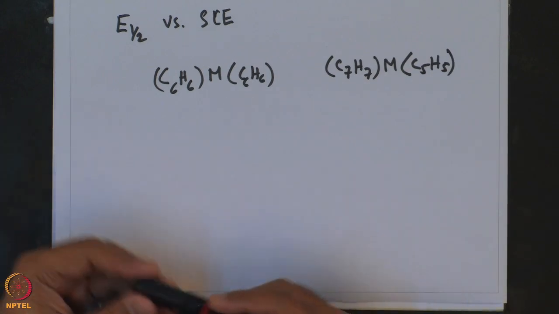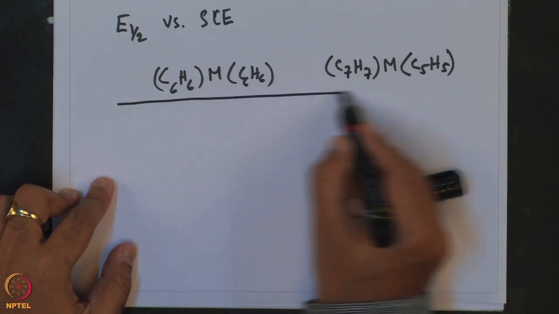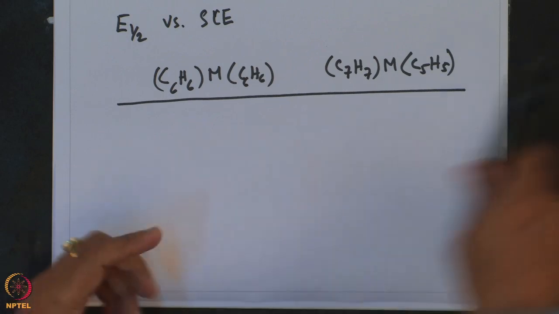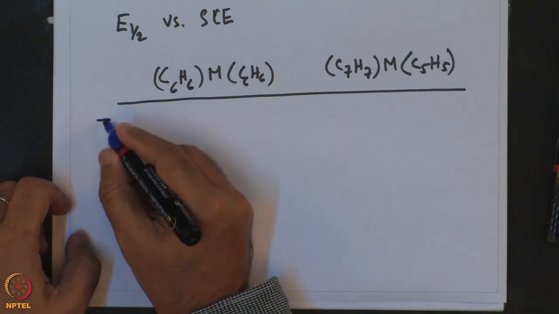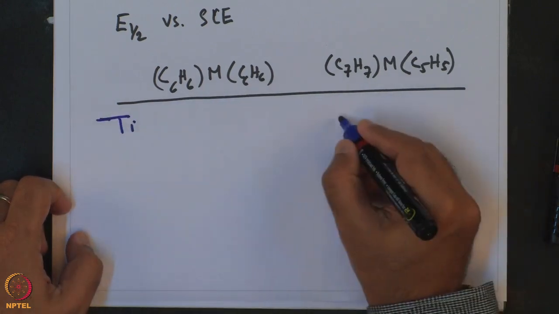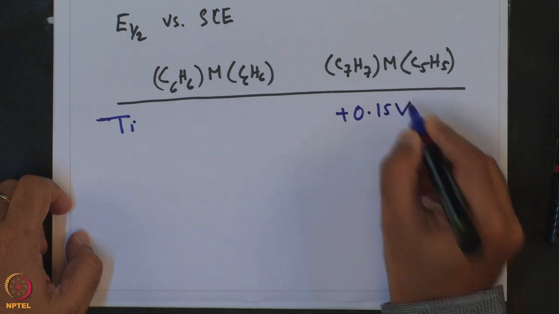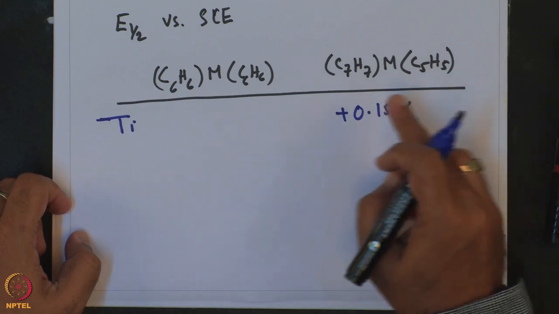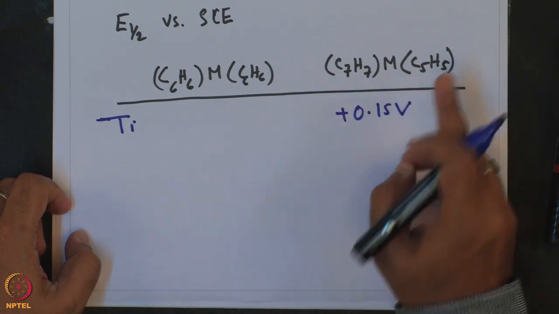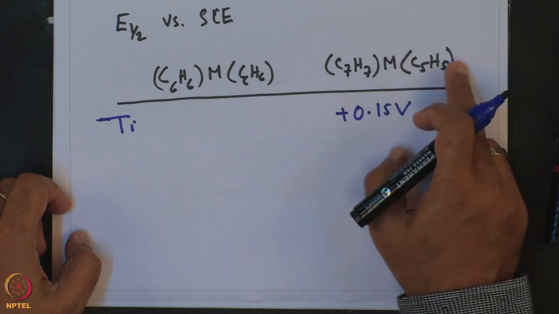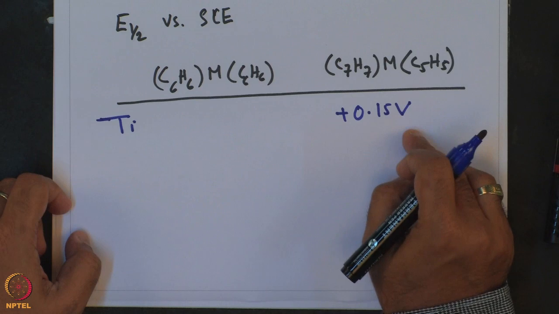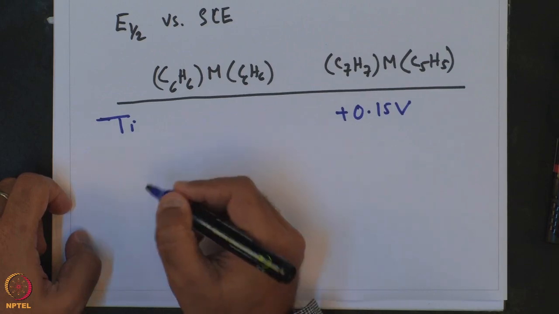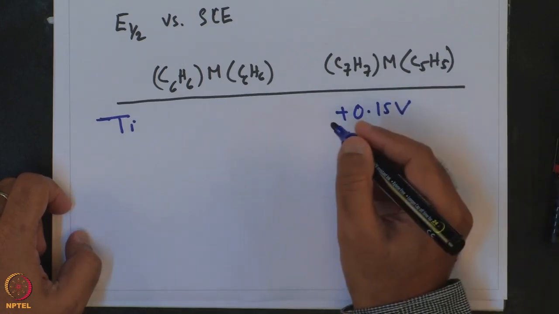If one were to look at these E half values for titanium, this is about 0.15 volts, which is a positive value, meaning that this reduction from +1 by accepting an electron to become the neutral is favorable. So, that means this compound is formed favorably as opposed to existing in its cationic form.